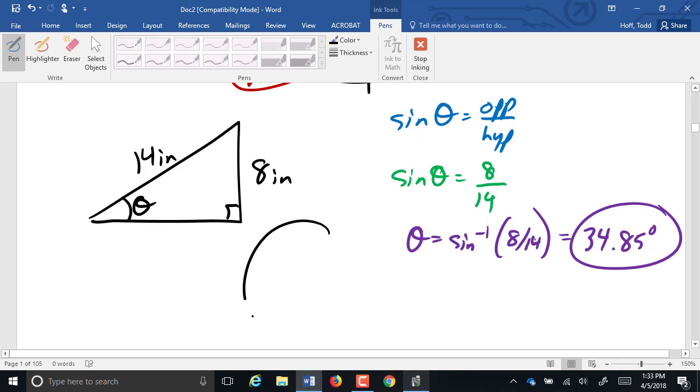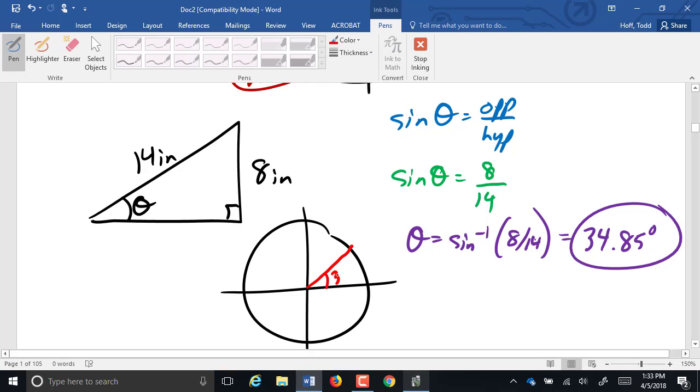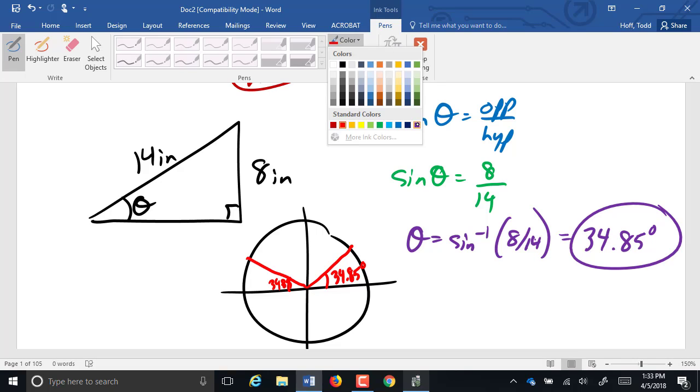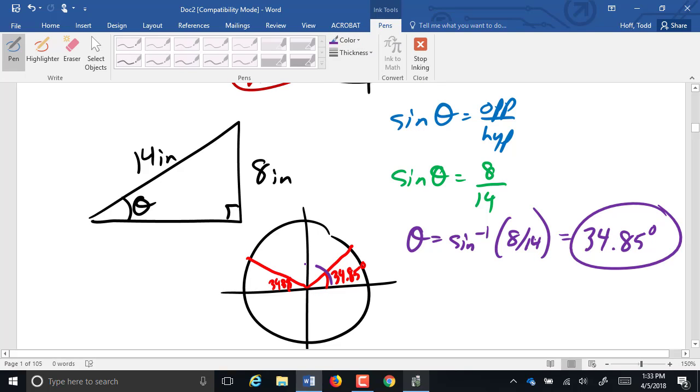But looking at our unit circle, that 34.85 is right here. Where else is the sine positive? Over here. Well, if that's 34.85, that's a reference angle, what's this angle? 180 minus that, right? 145.15 degrees.